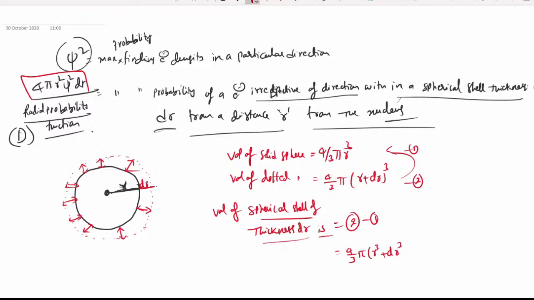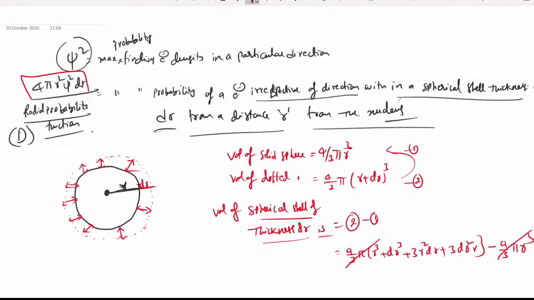Yes or no? Expanding (a plus b) cube, a cube plus b cube plus 3a square b plus 3b square a: r cube, plus 3 r square dr, plus 3 dr square r, plus dr cube. Minus 4 by 3 pi r cube.